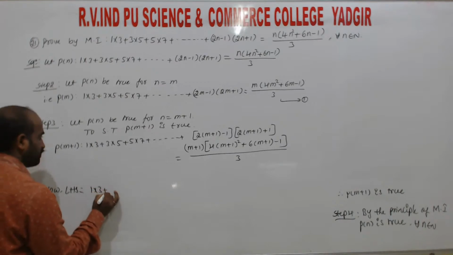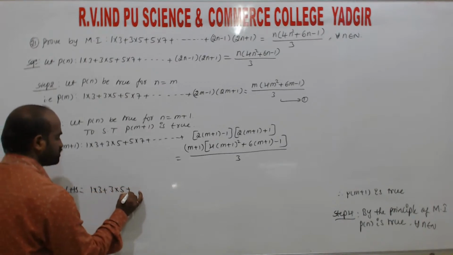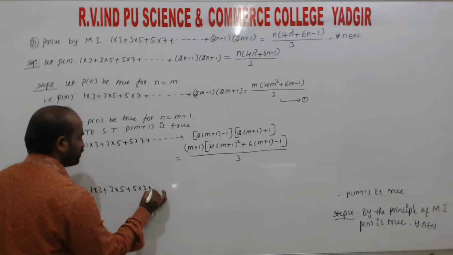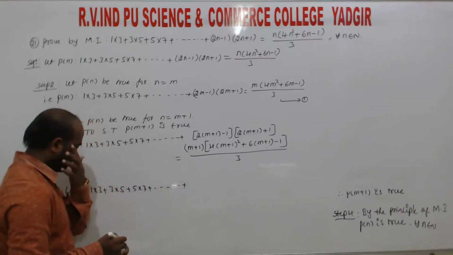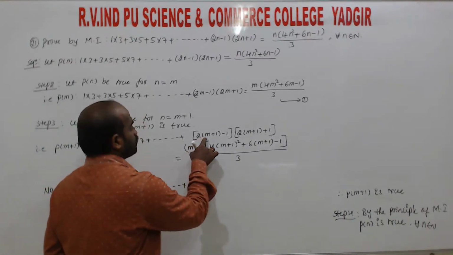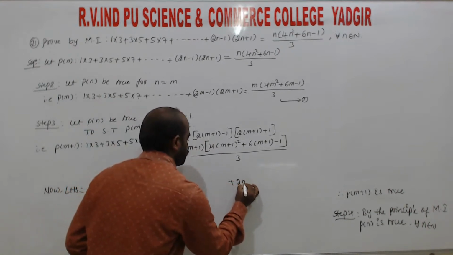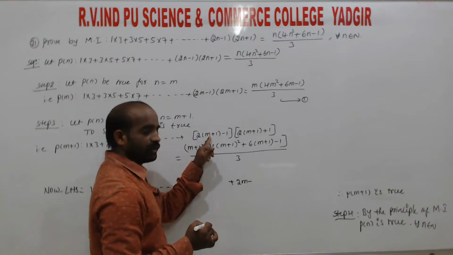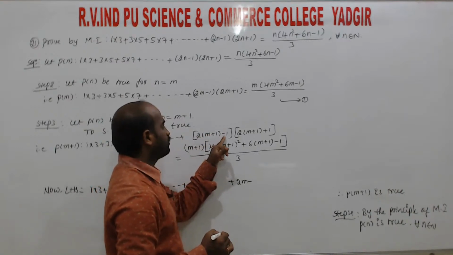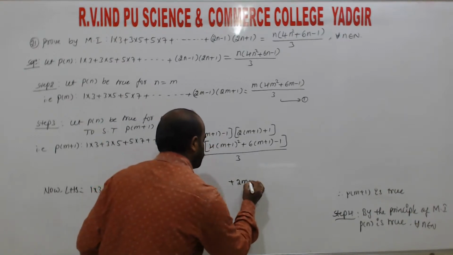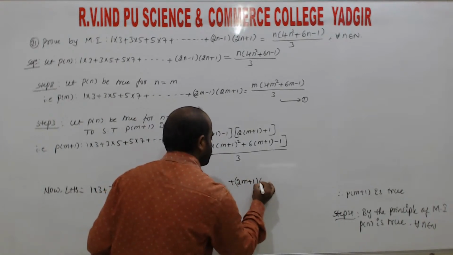1 into 3 plus 3 into 5 plus 5 into 7 and so on. 2 into m, 2m, 2 into 1, 2, 2 minus 1, 1, 2m minus 1.